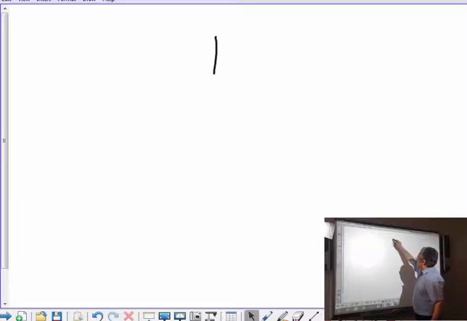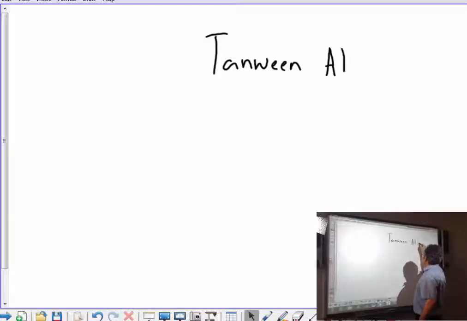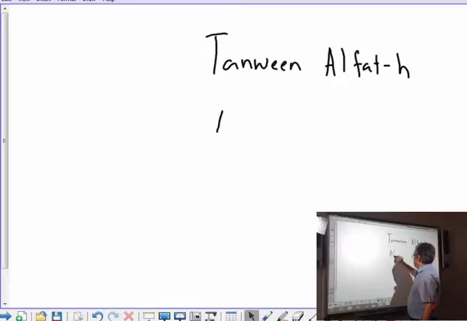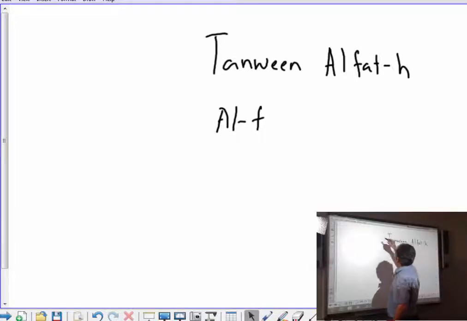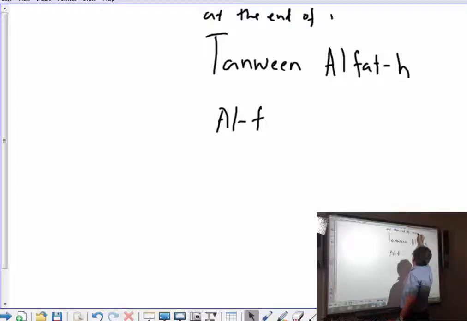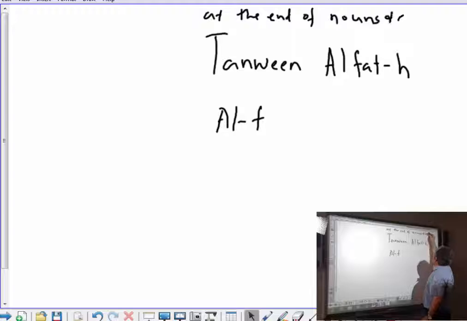So what I want you to remember here, we introduced three case markings. You have tanween al-fatah and al-fatha. So this is for the end of the word, of the end of nouns, actually, and probably adjectives, because adjectives in Arabic are also considered nouns because they accept the tanween.